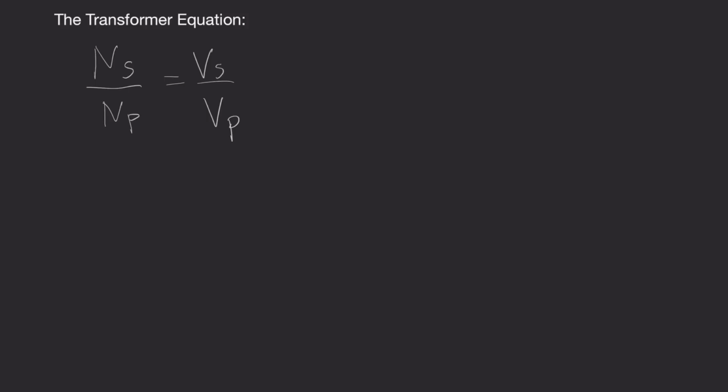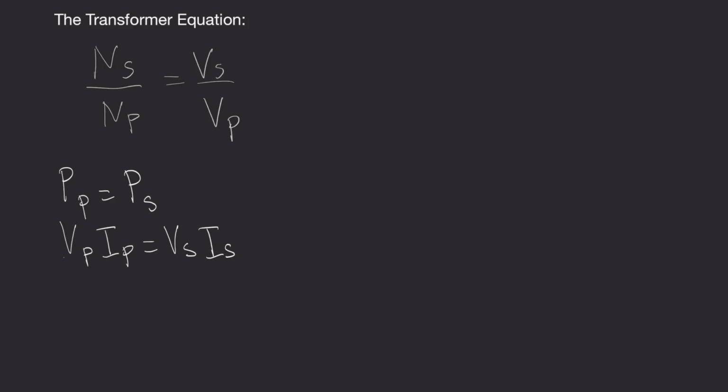Please note that for an ideal transformer, the power is conserved. So that means that P primary will be equal to the power across the secondary coil. So this here means that V primary multiplied by I primary will be equal to Vs Is.